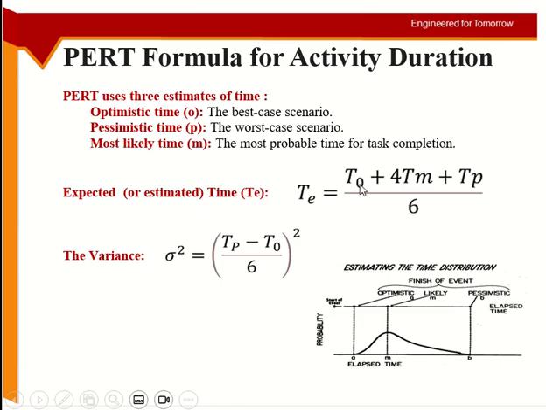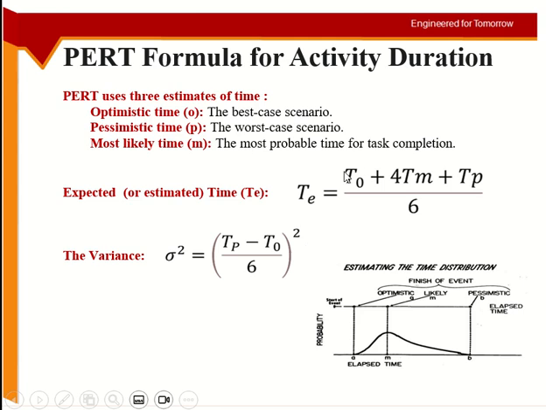So what is the mean or average duration of the activity? The expected duration of the activity will be calculated using this equation, and the variance in the duration is calculated using this: pessimistic time minus optimistic time, divided by 6, squared.